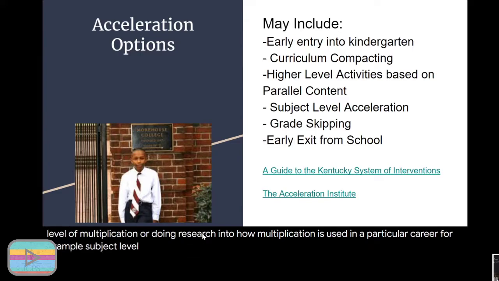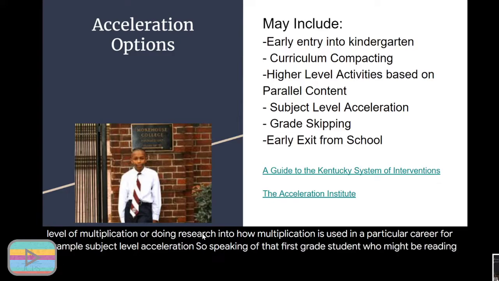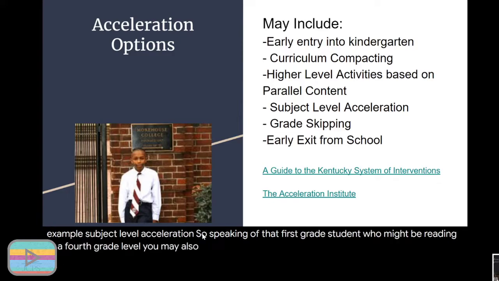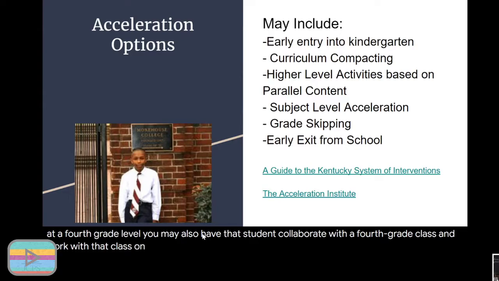Subject level acceleration. Speaking of that first grade student who might be reading at a fourth grade level, you may also have that student collaborate with a fourth grade class and work with that class on reading during their reading time. Grade skipping and early exit from school.